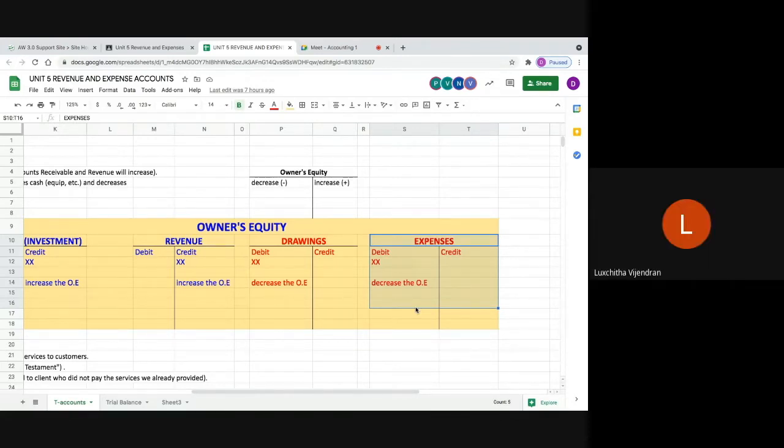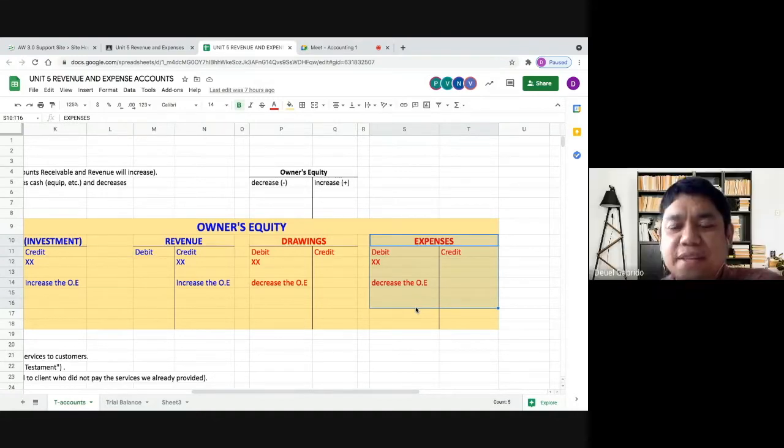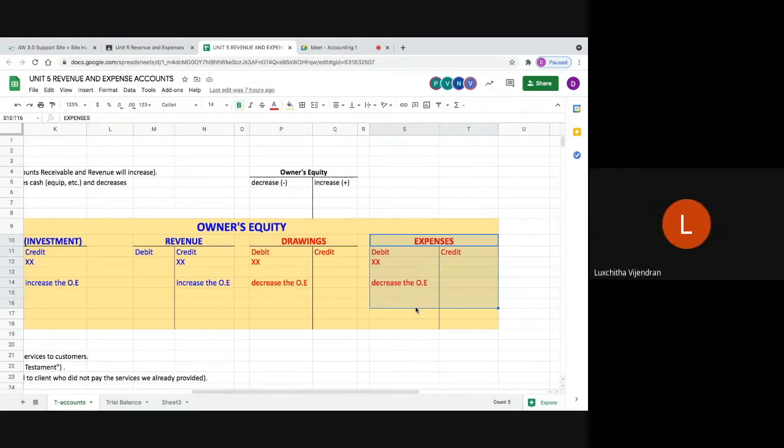How can we treat that as an expense? If someone has a business, he or she takes the building for rent.